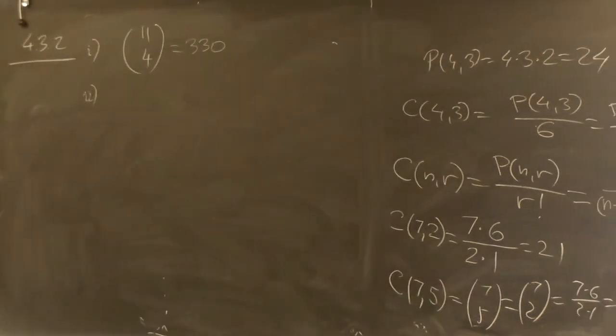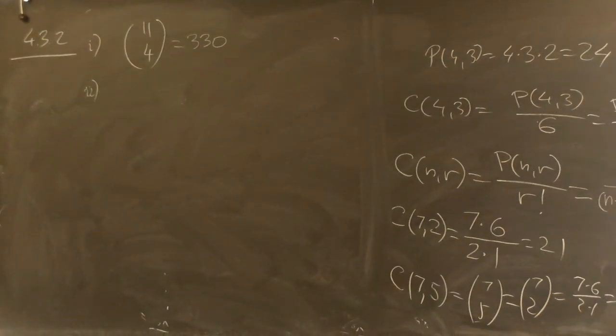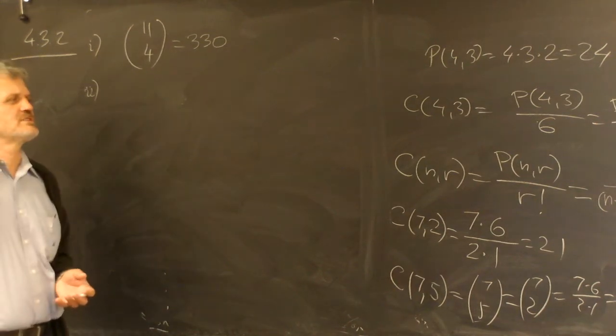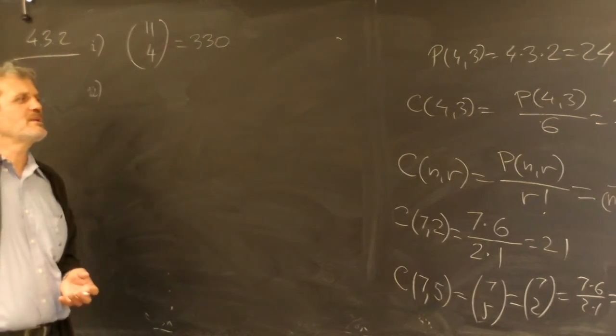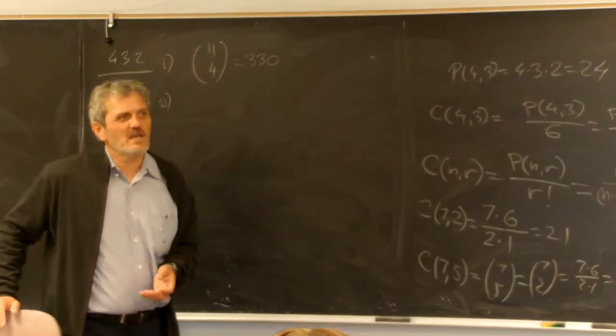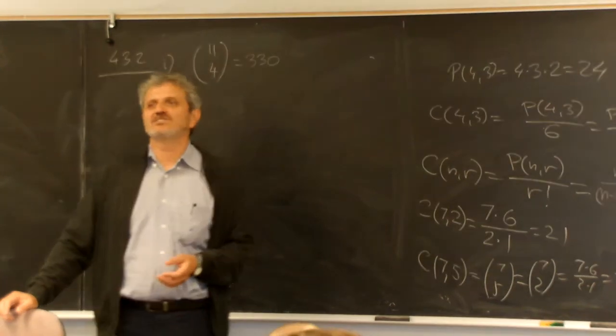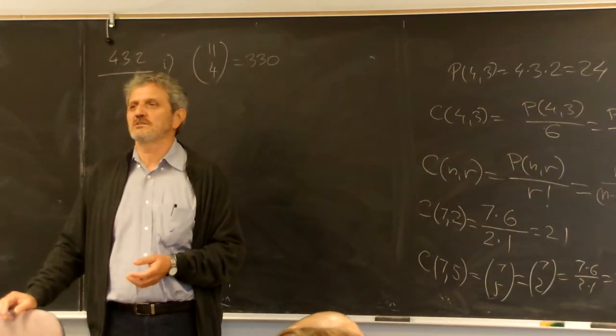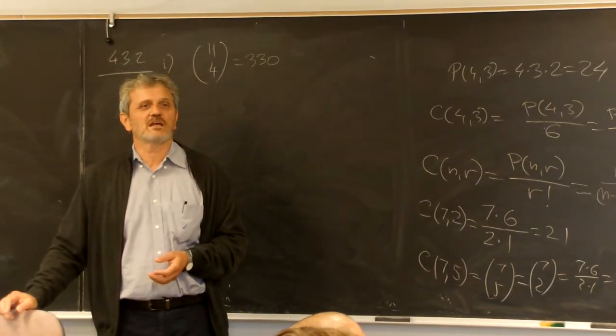Problem number 2. I mean, the second part of this story. They say suppose that two persons insist on working together on the team. In how many ways can we make the team? Let's make sure that we understand this condition that they insist on being together on the team. How would you understand that? Insist.